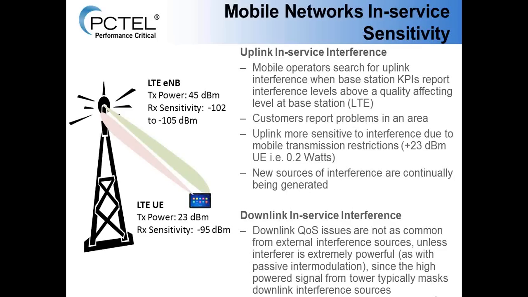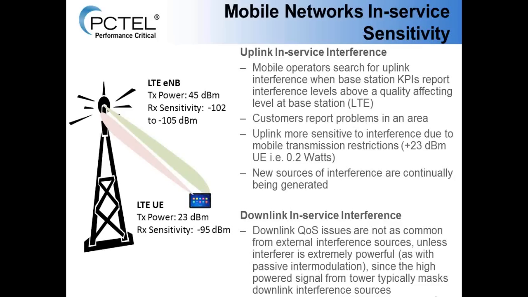Typically, when in service, operators will look for uplink interference, because if the UE is only transmitting at 0.2 watts, an interferer at 2 watts or 1 watt hitting that tower is going to cause a lot of havoc with the UE signal coming in on the uplink.